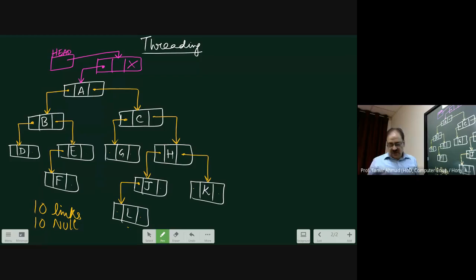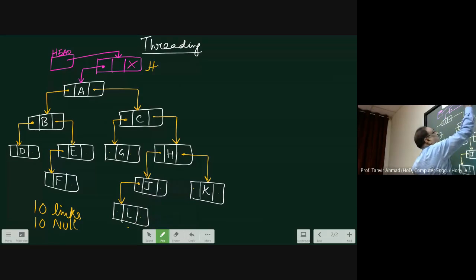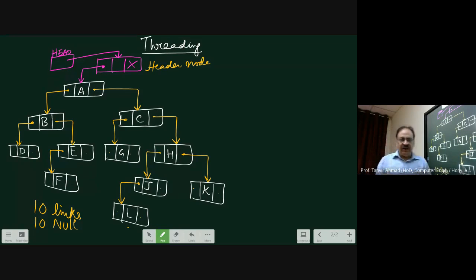This head is just a pointer which points to the header node, and the header node's left pointer points to A. This is the actual header node I am talking about.